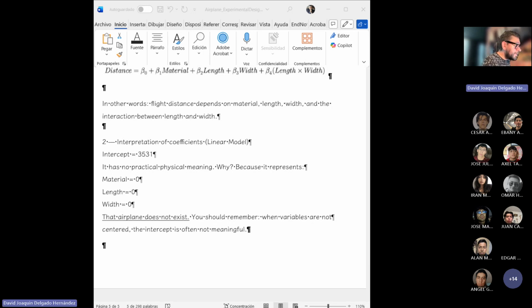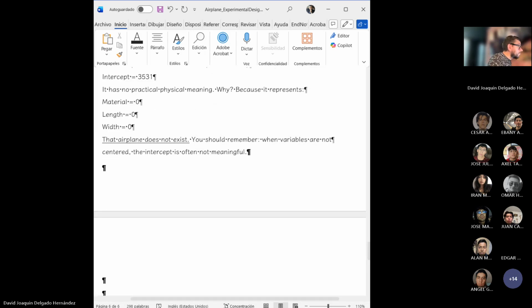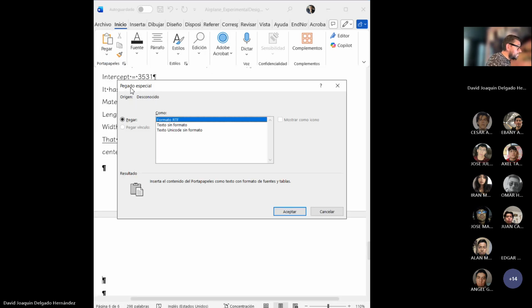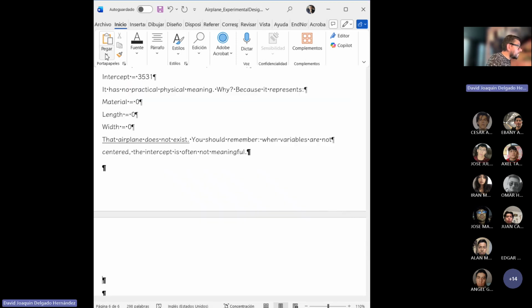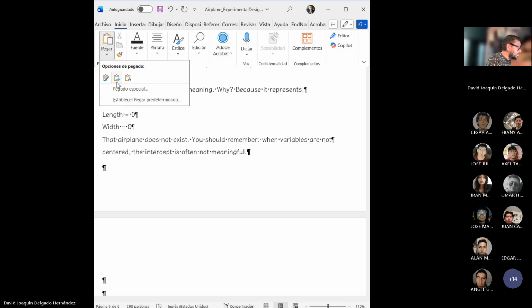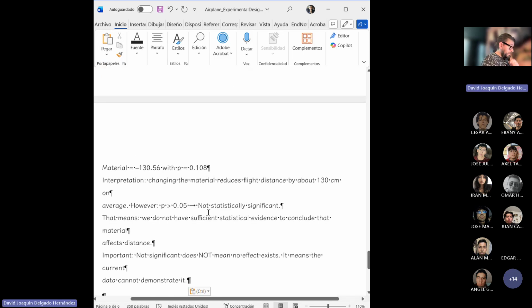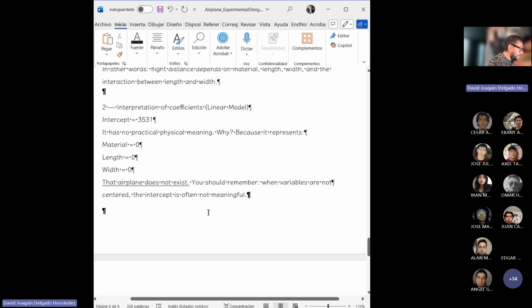Okay, so let us now interpret the following coefficients. What do the following coefficients mean?